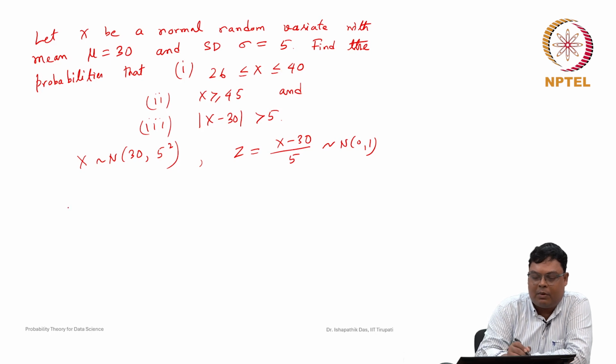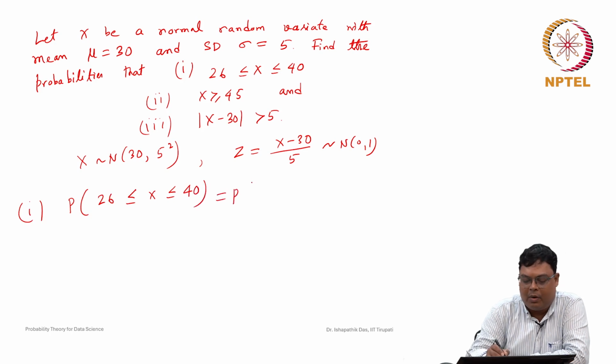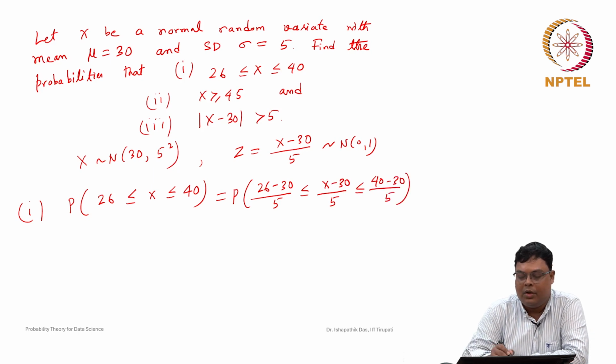First probability, what we have to find? What is the probability that 26 is less than or equal to x less than or equal to 40? So, this is equal to probability of (26 minus 30) by 5 less than or equal to (x minus 30) by 5 less than or equal to (40 minus 30) by 5. Here (x minus 30) by 5 is the z random variable.